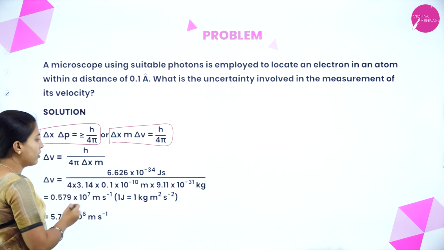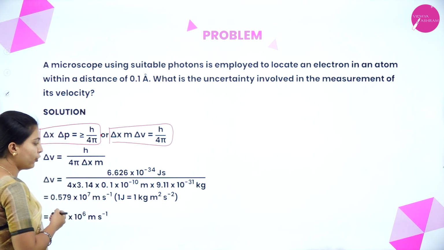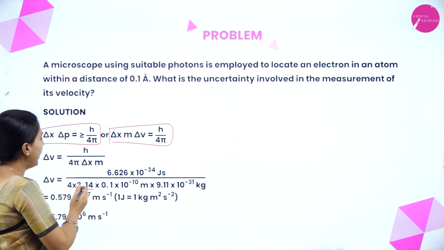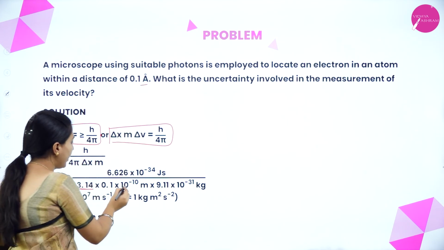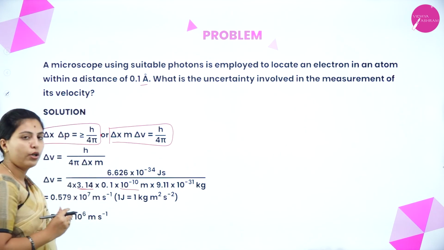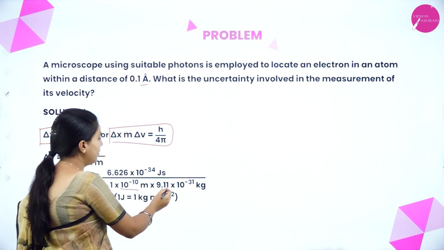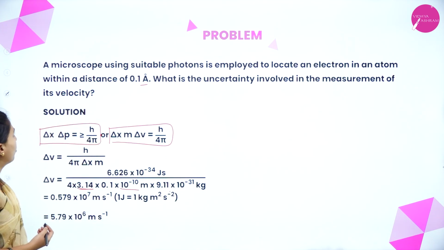We know the Planck's constant, we have written here. 4 pi, pi means 3.14, this is the pi value. 0.1, they have given, into 10 to the power of minus 10, they have given in angstrom. So, we have to substitute 0.1 into 10 to the power of minus 10 meters into 9.11 into 10 to the power of minus 31.